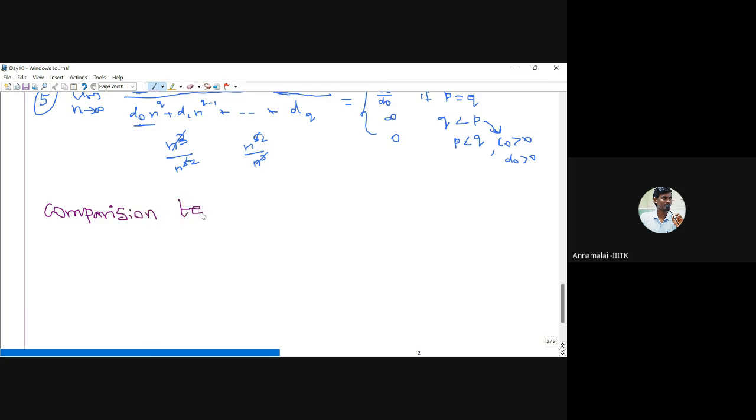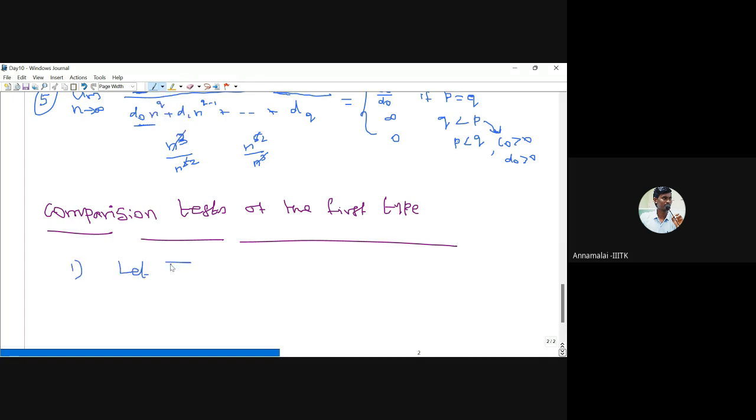Comparison test of the first type. So what does the comparison test say? Suppose we have two series, summation un and summation vn, two series of positive terms.